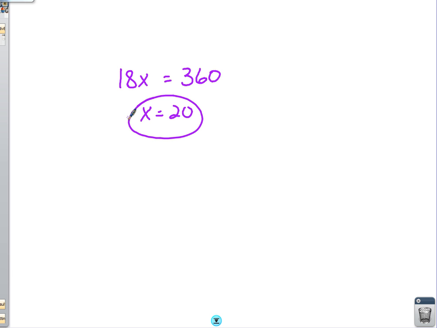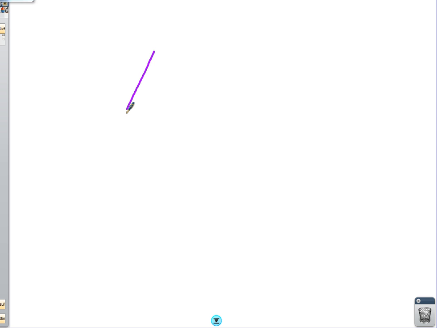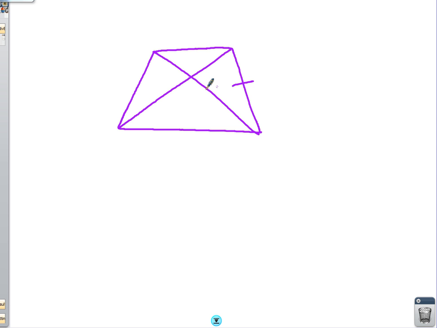Number 27. You are given an isosceles trapezoid. You have the diagonals drawn. Again, it is isosceles. XZ, which is this diagonal, would be 18. Since it's isosceles, this diagonal would also be 18.